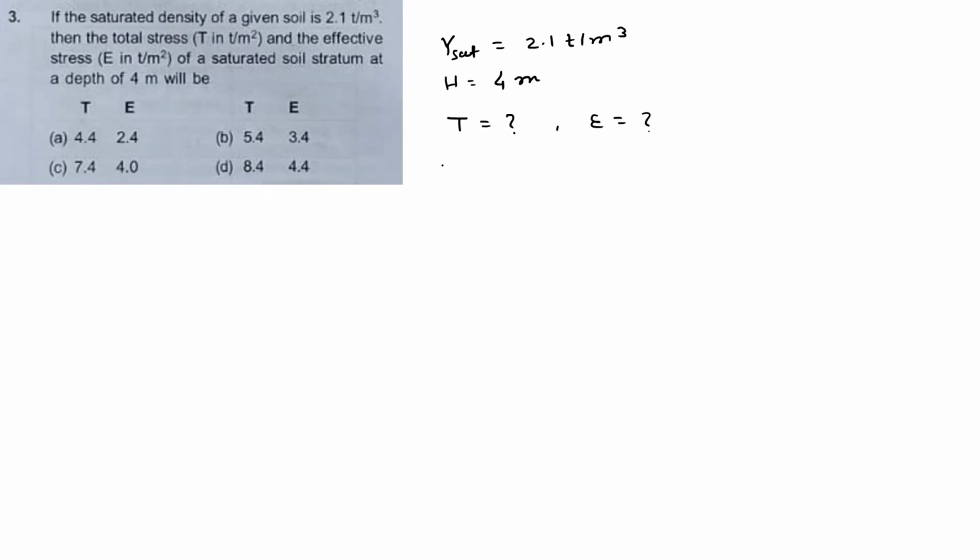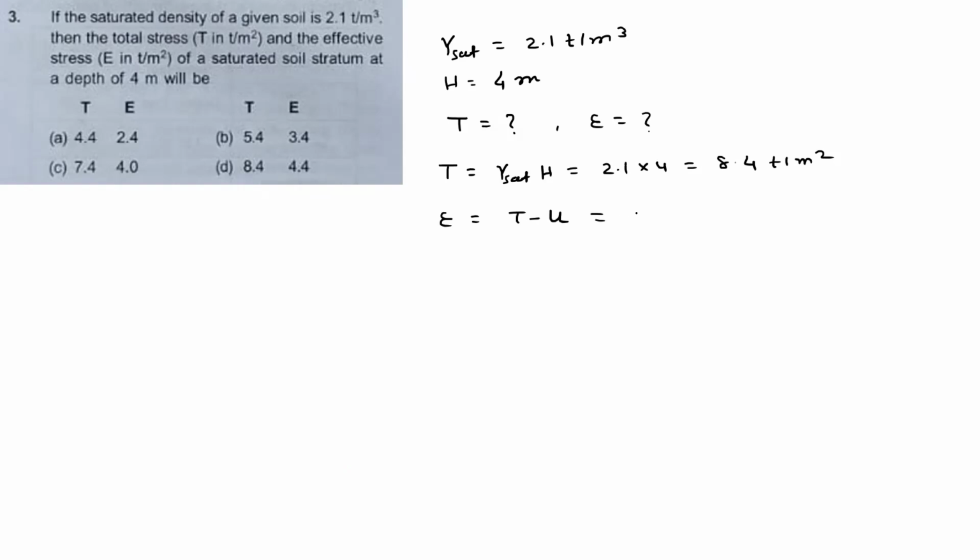So total stress sigma is gamma sat into H. This is 2.1 into 4, 8.4 ton per meter square. And effective stress sigma bar is equal to total stress minus pore water pressure.